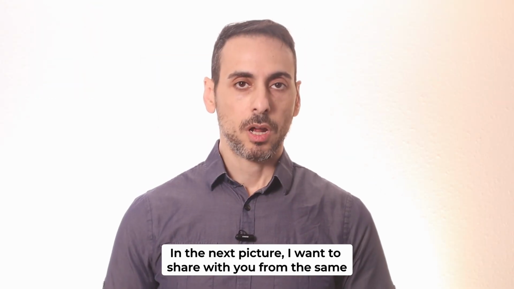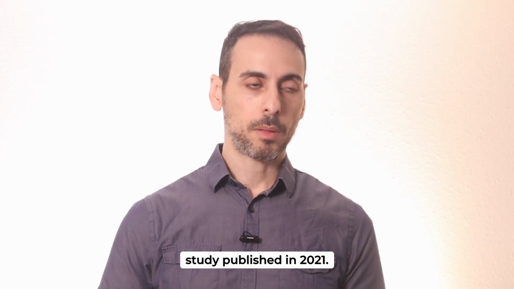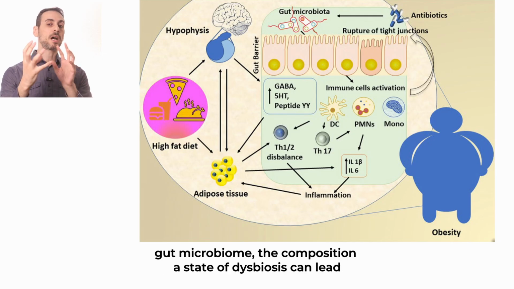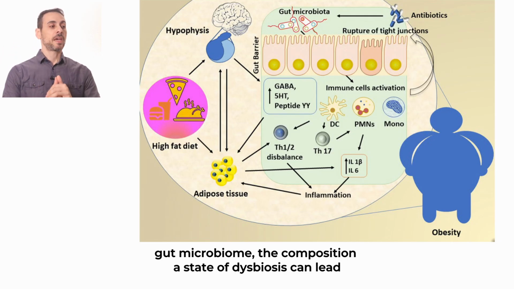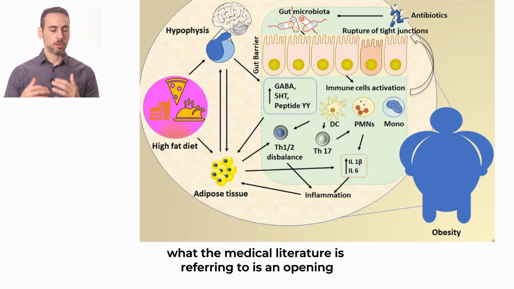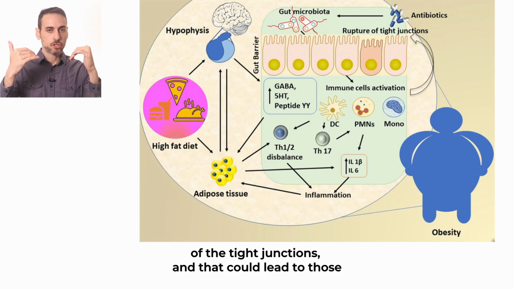In the next picture I want to share with you from the same study published in 2021, on the top right, you can see how changes in the gut microbiome composition, a state of dysbiosis, can lead to what they refer to as rupture, but essentially what the medical literature is referring to is an opening of the tight junctions.